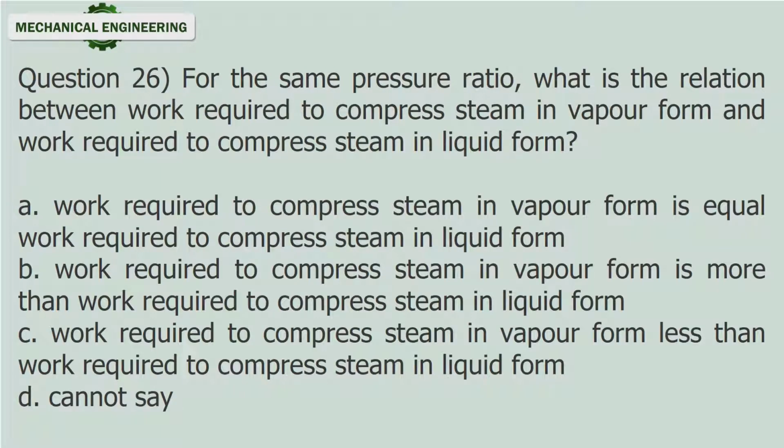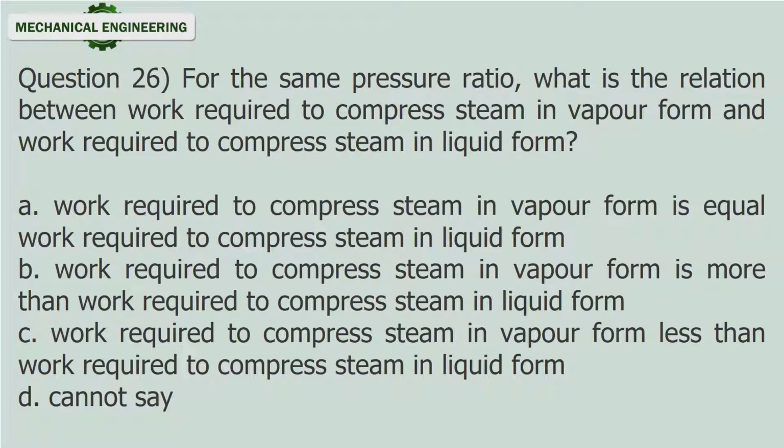Question 26. For the same pressure ratio, what is the relation between work required to compress steam in vapor form and work required to compress steam in liquid form? A. Work required to compress steam in vapor form is equal to work required to compress steam in liquid form. B. Work required to compress steam in vapor form is more than work required to compress steam in liquid form.